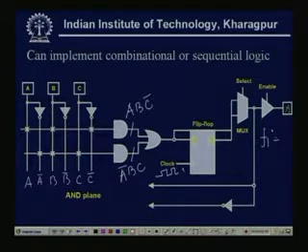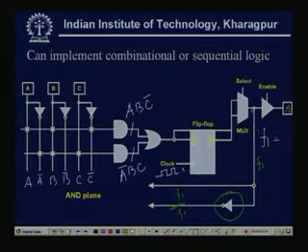Another thing is, if I add an inverter here, see this is one inverter. So, if it is enabled, we are getting F1 and the function can be taken as the complement of that, F1 as well as F1 complement is also possible.